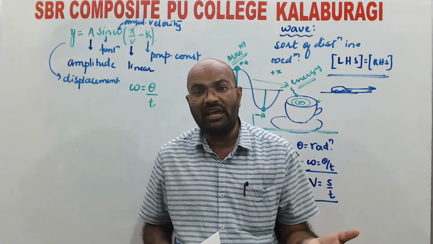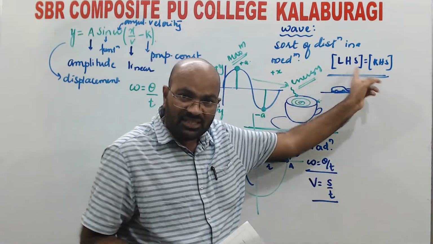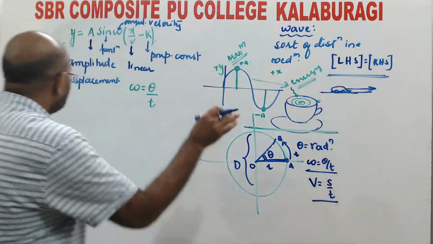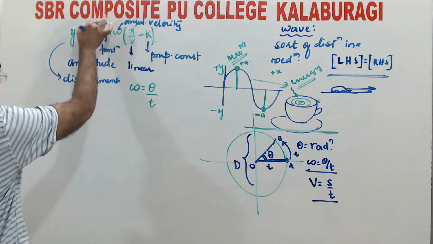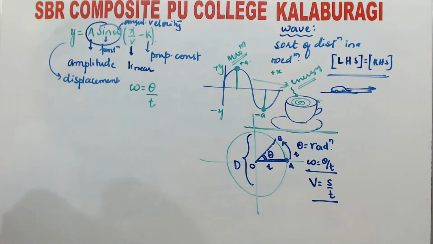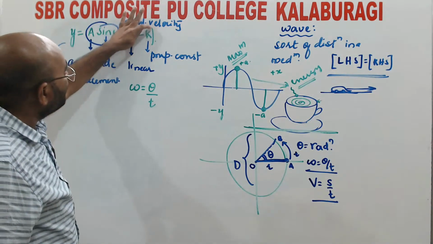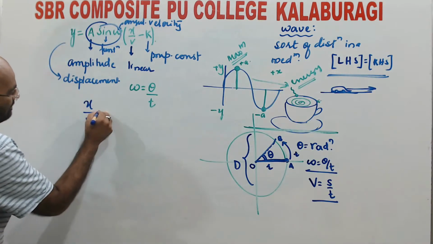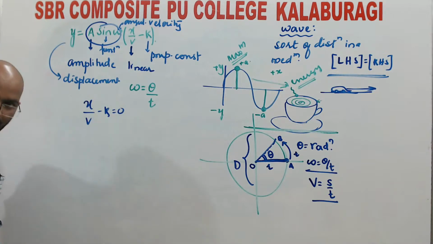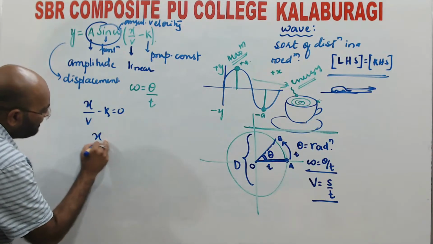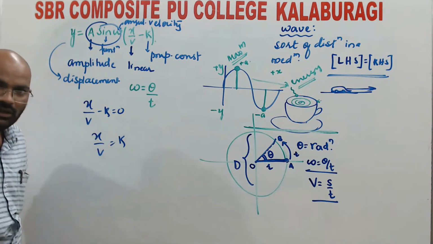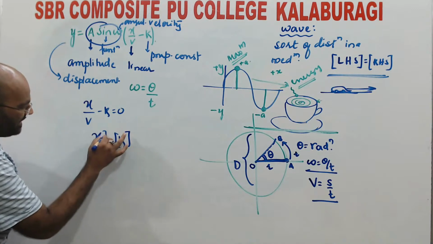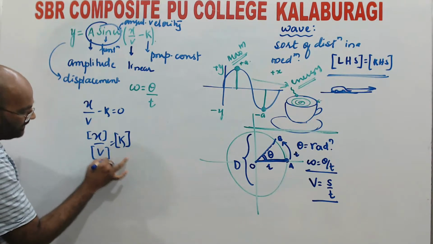Apply the same here. k is the constant, and we need to find it. Applying this, we get x by v minus k is equal to 0, then x by v is equal to k. That's all. By applying the homogeneity constant, find the dimensions associated with these physical quantities.